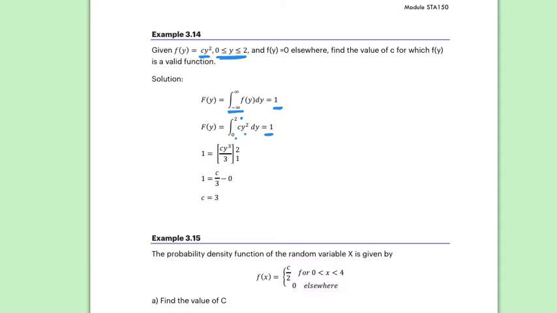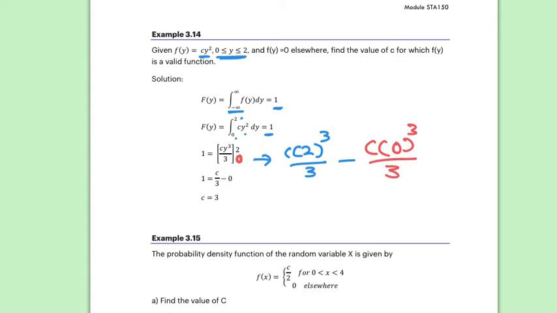So you integrate. If you remember, for integration, cy squared becomes cy cubed divided by 3, since the power is now 3. And then the limits are from 0 to 2, so you need to replace the limits. This is c times 2 to the power of 3 divided by 3, minus c times 0 to the power of 3 divided by 3.